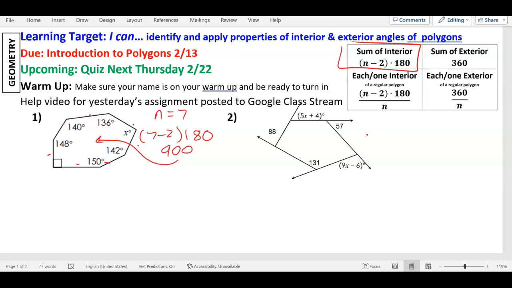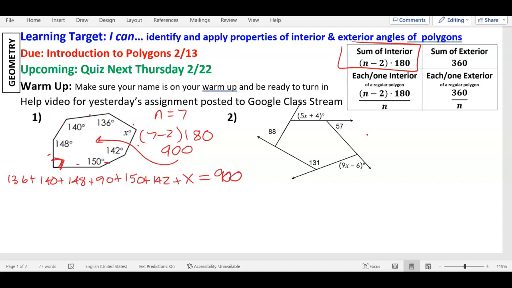This is going to be very long, so maybe write small. 136 plus 140 plus 148 plus 90 plus 150 plus 142 plus x, all 7 of those angles equal how much again? 900, the sum. That's a really long equation, right? Just because there's a lot to it doesn't make it complicated.